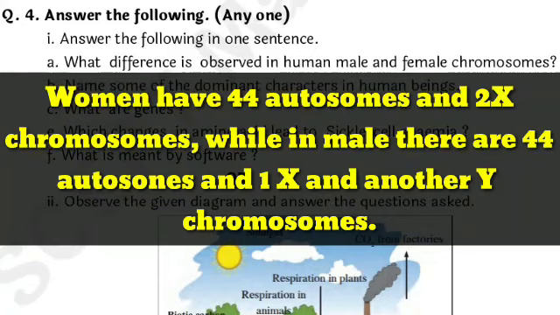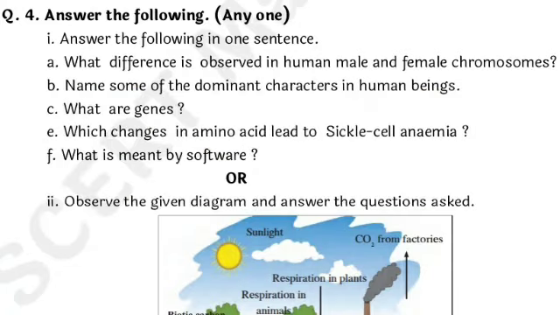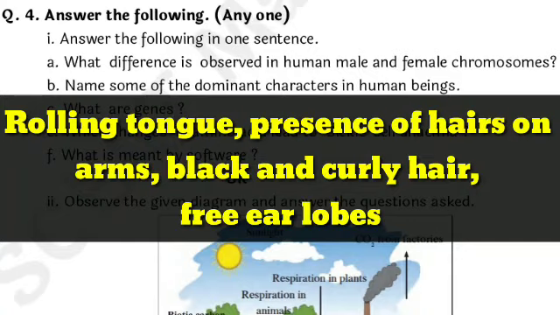Women have 44 autosomes and 2 X chromosomes, while in males there are 44 autosomes and 1 X and another Y chromosome. Next question. B. Name some of the dominant characters in human beings. Let's see the answer. Rolling tongue, presence of hair on arms, black and curly hair, and free earlobes.